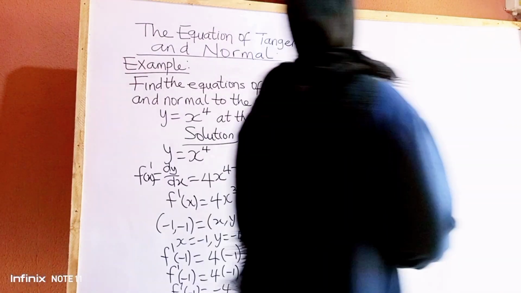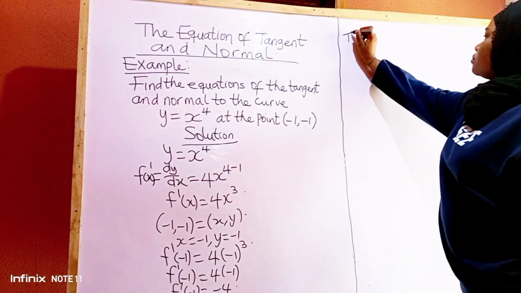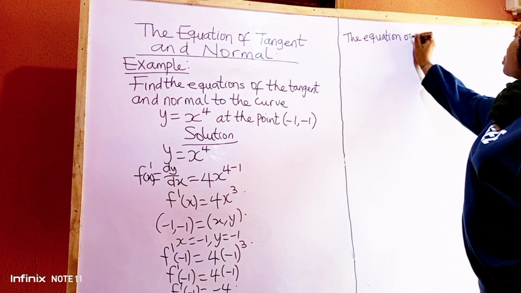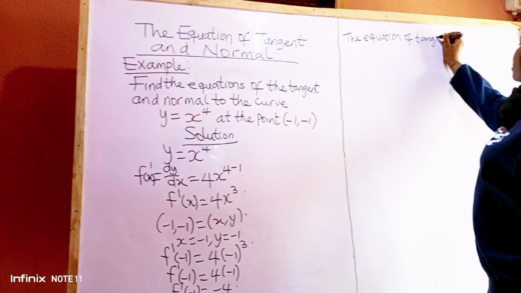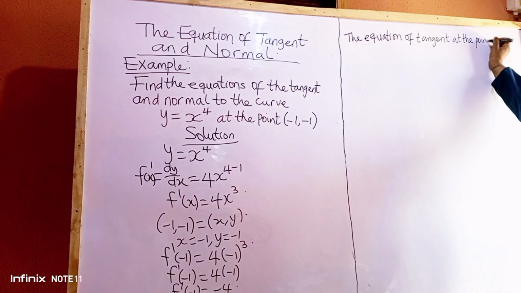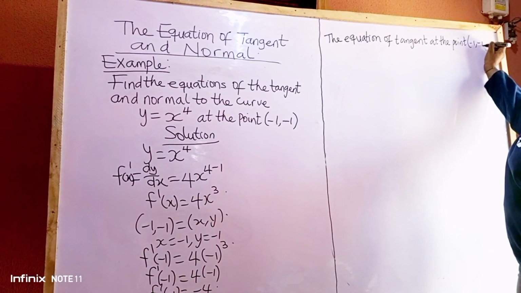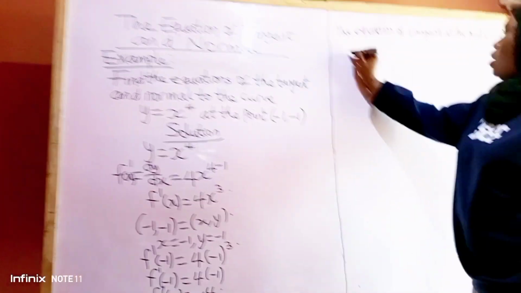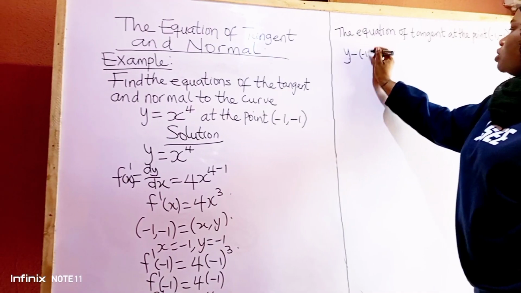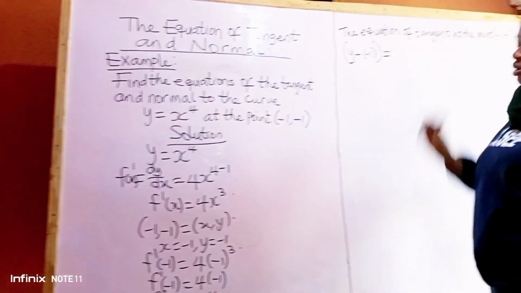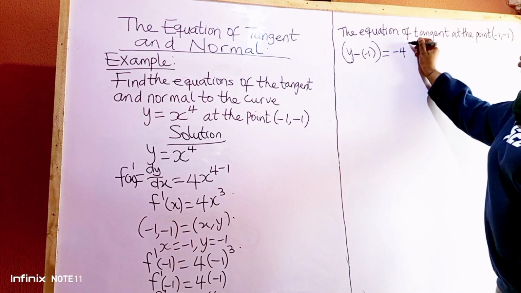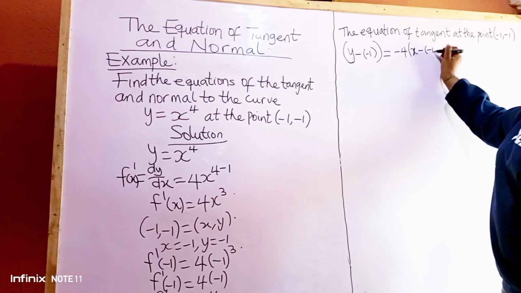So the equation of tangent at the point minus 1 comma minus 1 will be y minus 1 is equal to f prime, which is minus 4, into bracket x minus 1.